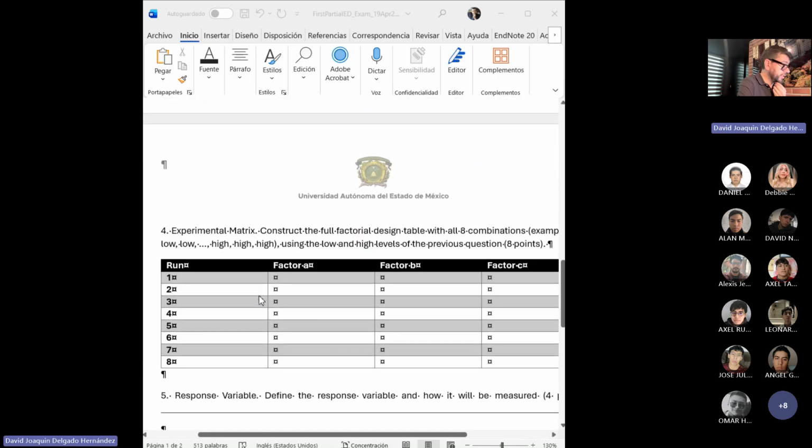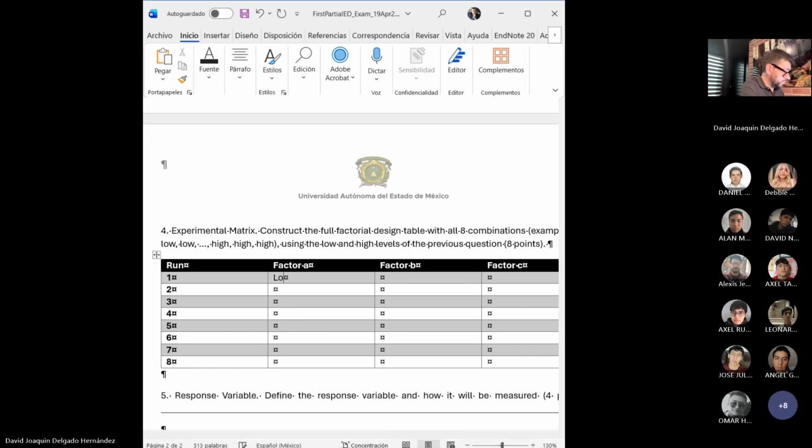Okay, so let us now move to the following question. So here you should design the 8 different combinations. Okay. So you could put either the qualitative values or the quantitative values, okay? So for instance, in the first case, you could have here low, then low, and low. That was going to be the very first combination, okay? Then you could play here, right?